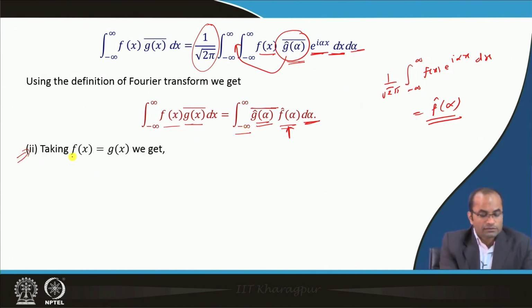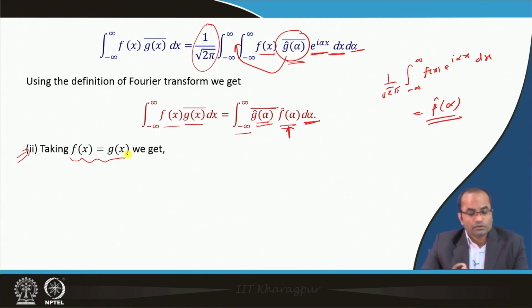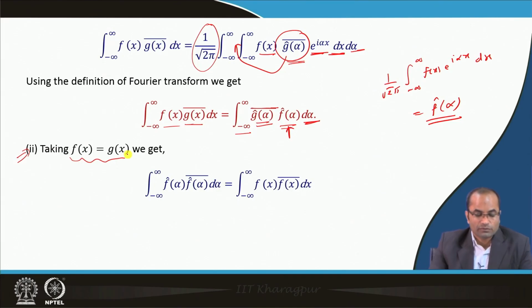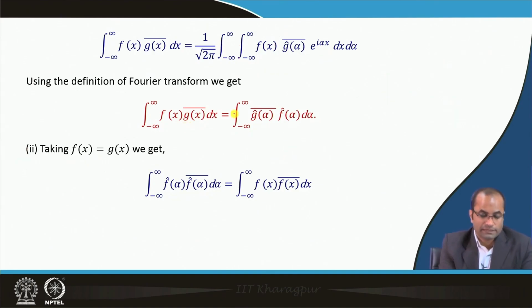For the second part, if we take the two functions equal, that means f(x) equal to g(x), then what will happen? In the above formula we have now taken the same function.